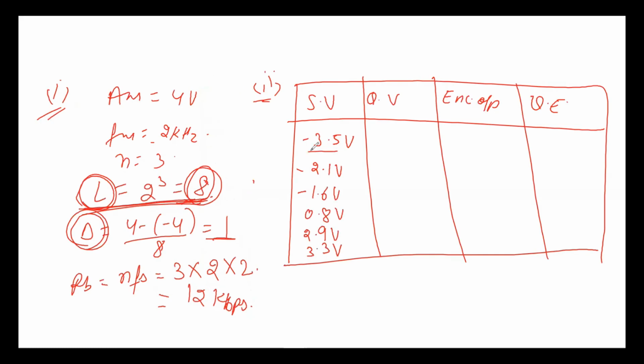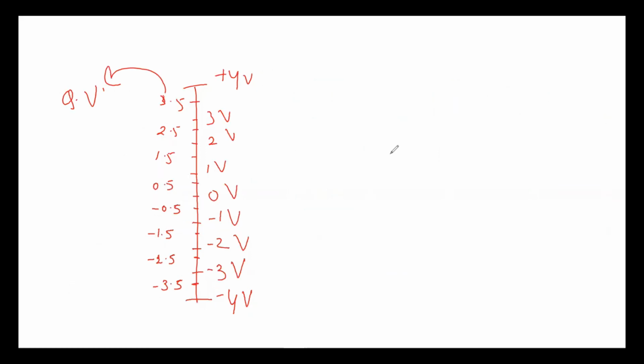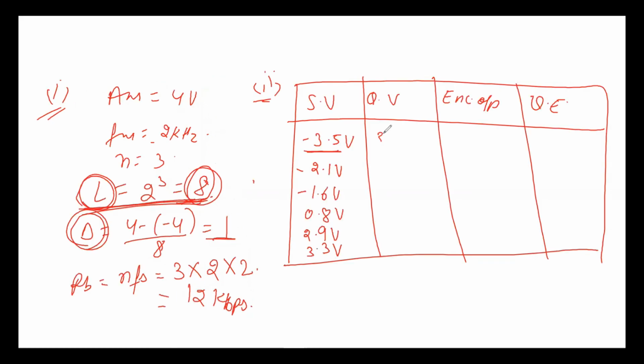Now for each sample value, we have to find the quantization voltage. So for example, first one is minus 3.5. So minus 3.5 will lie here, so the nearest quantization voltage will be nothing but minus 3.5 only. Next is minus 2.1 volt.